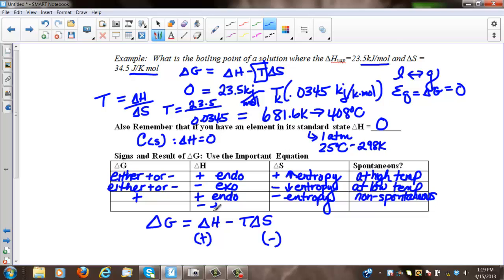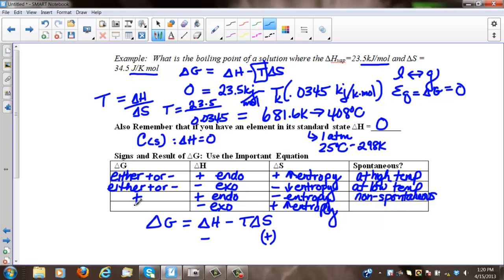If this is exothermic and this is an increase in entropy, then let's look at what happens. So now my delta H is negative and my delta S is positive.